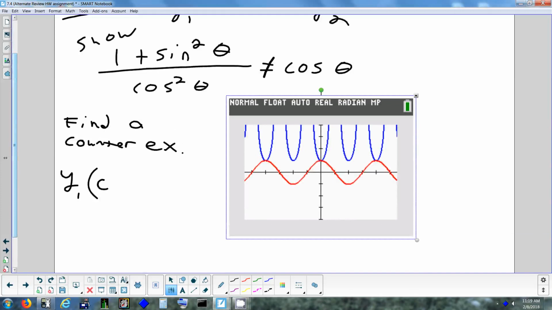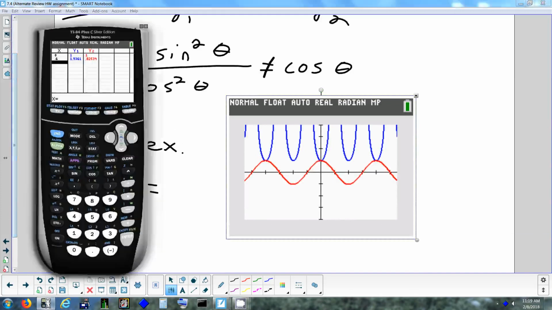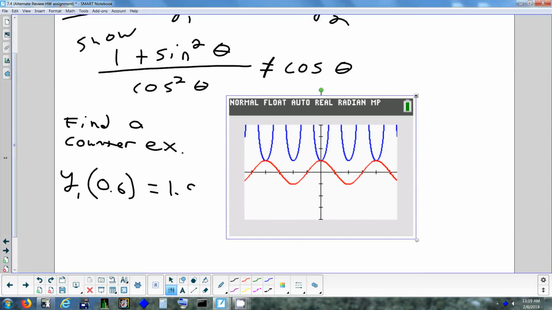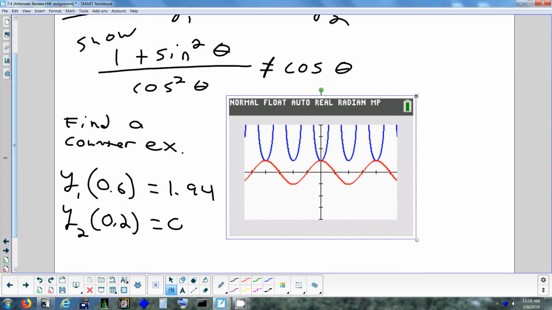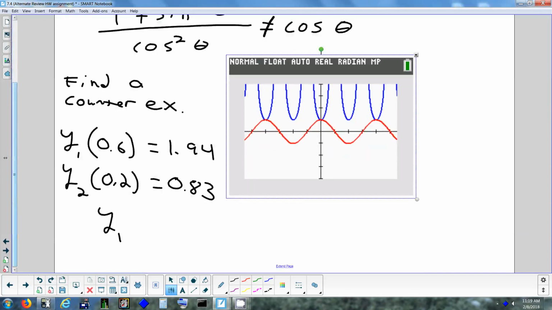If we plug 0.6 into y1, we get 1.94. If we take the same value and plug it into y2, we get 0.83. Therefore, y1 is not equal to y2. We found a specific place where they're not.